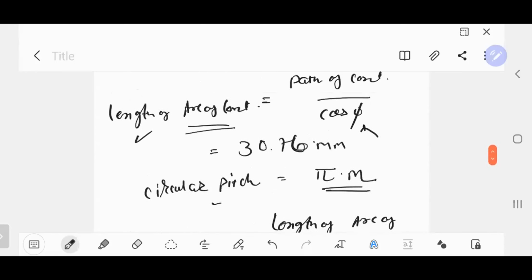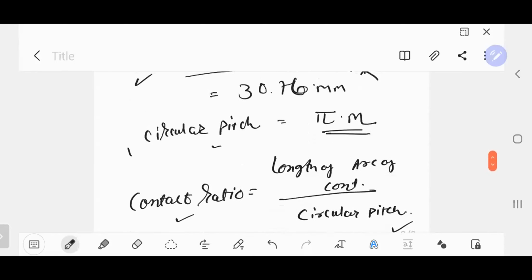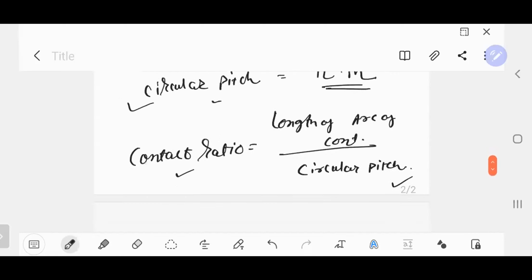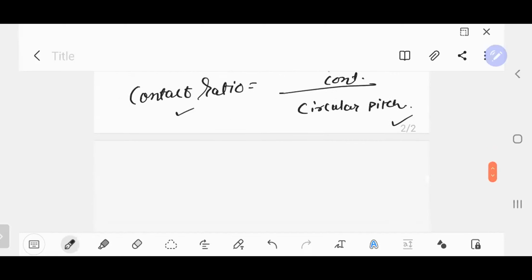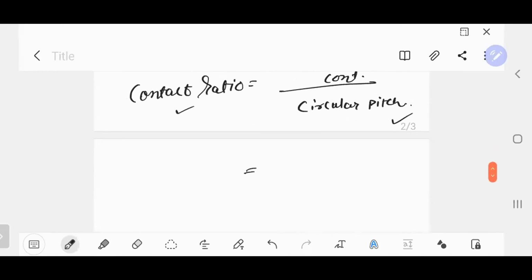So now you have the length of arc of contact, you have the circular pitch pi into module, you have all the things to find the contact ratio. So tell me contact ratio is equal to, answer is 2. Okay, good. You will get the answer, I think 1.6. 1.6. So we can consider that as 2.